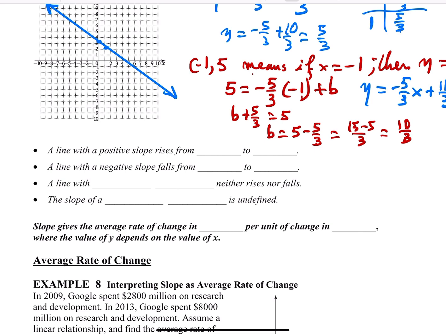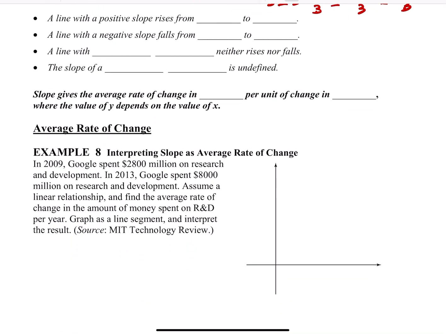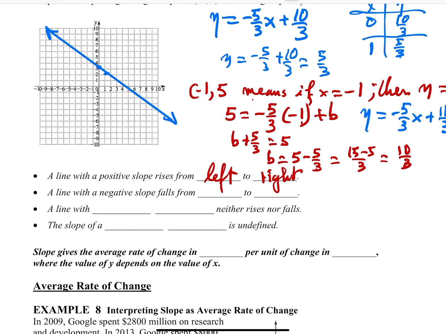Okay, let's complete here. A line with positive slope rises from left to right.